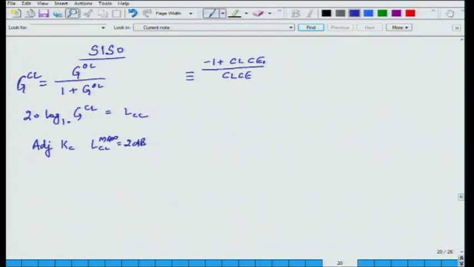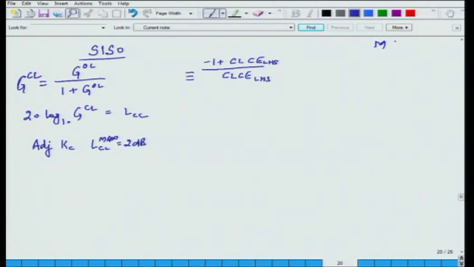You can see that the log modulus whose hump I am trying to keep at 2 decibels is coming from the left hand side of the closed loop characteristic equation minus 1, that is the numerator, and the denominator is the left hand side of the closed loop characteristic equation.